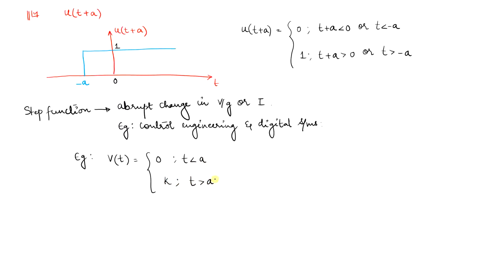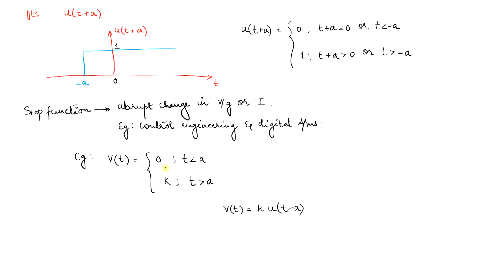And this particular signal can be expressed in terms of a unit step function as v of t to be equal to k into u of t minus a. Here k corresponds to the value of the signal, and this is some positive value or a negative value. Okay, so the interval that you observe here is corresponding to a, so that is why we have represented u of t minus a in this case.